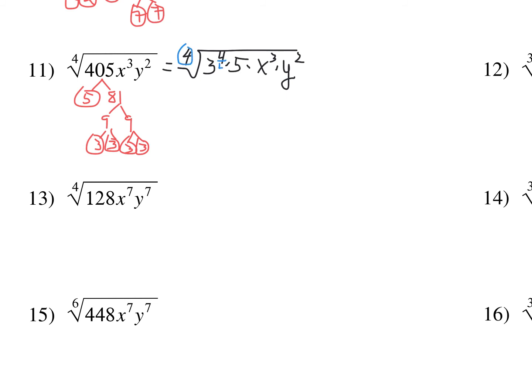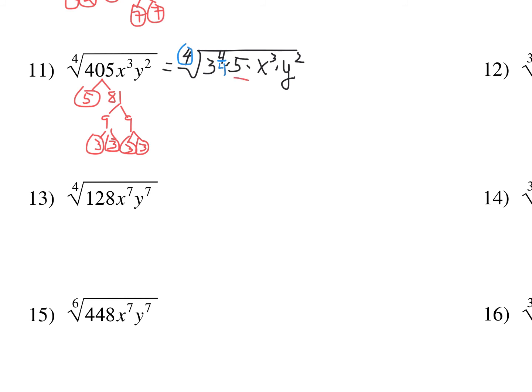So I'm going to divide that by 4. 5 has an exponent of 1, and I know 1 is not divisible by 4. 3 is not divisible by 4, and 2 is not divisible by 4. So the only item that can come out in front is the 3.